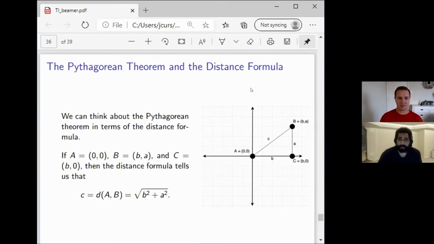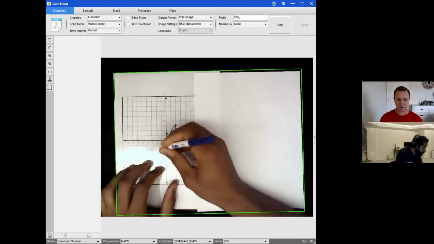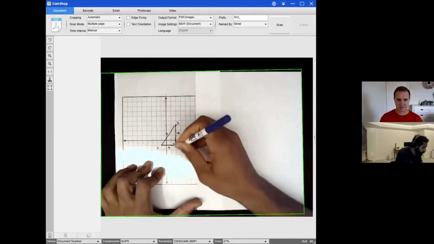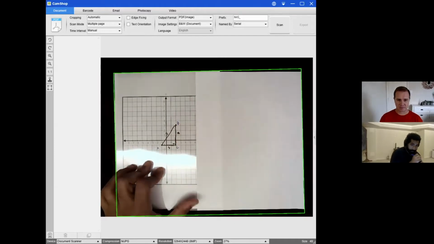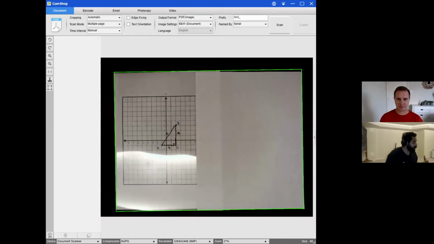Let's move over to the overhead and take a look at this triangle from session 1, this 3, 4, 5 triangle. Let's label these points: call this point A, this point B, and this point C. Let's look at the lengths of these different segments.